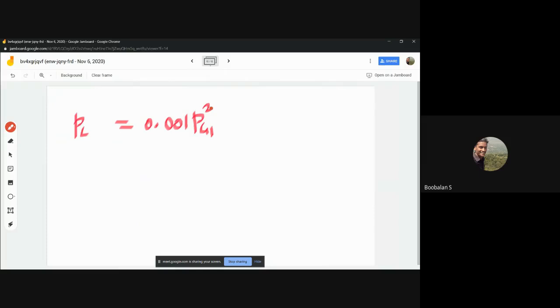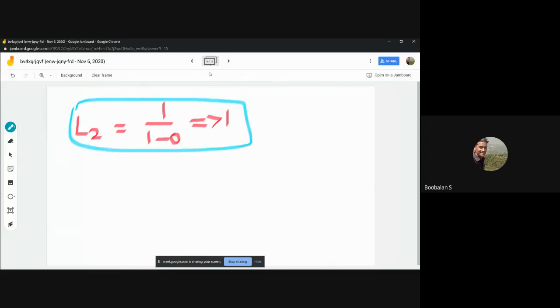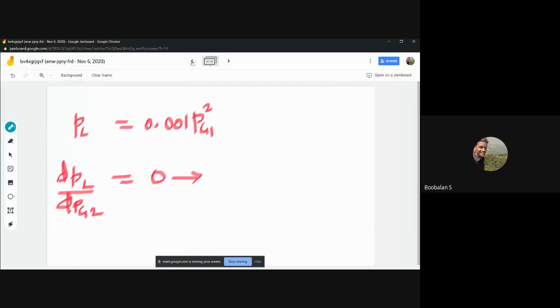If there is no PG2, then definitely the entire derivative is going to be 0. That is dPL by dPG2, which becomes 0. Am I correct? Substitute this value into my L2 equation. What will L2 be? 1 by 1 minus 0, which simply becomes 1. L2 is now 1. Now we have the values of L1 and L2. So we got the L1 value and the L2 value.